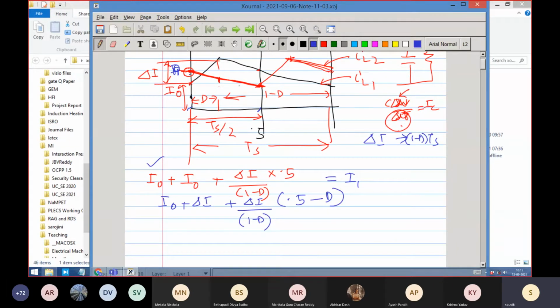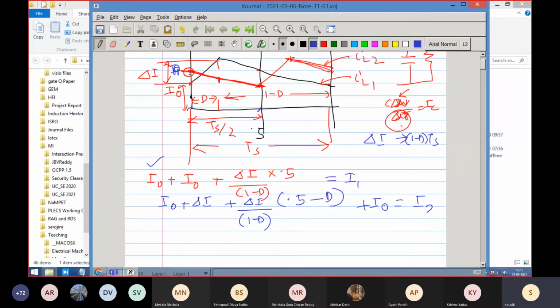So that would be, plus I naught, delta I2, will be I2.